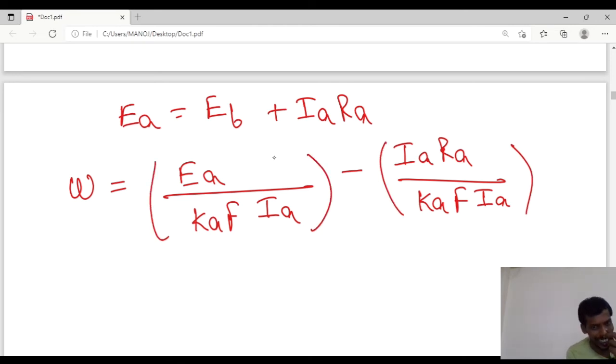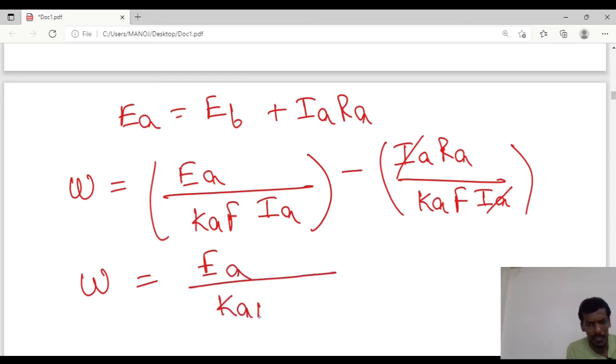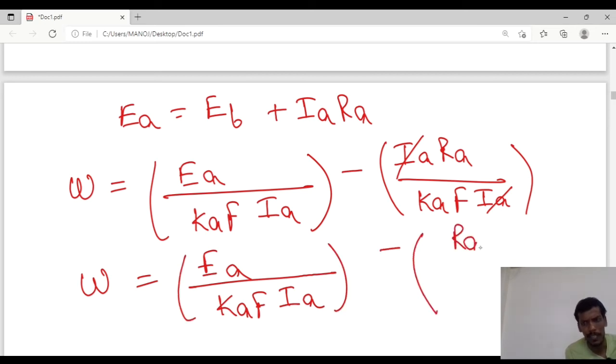So the Ia value will be cancelled, and omega equals Ea by Kaf into Ia minus Ra by Kaf.